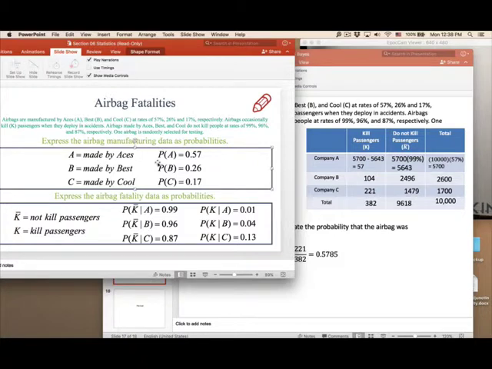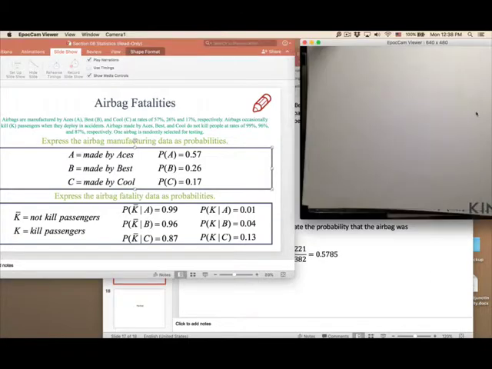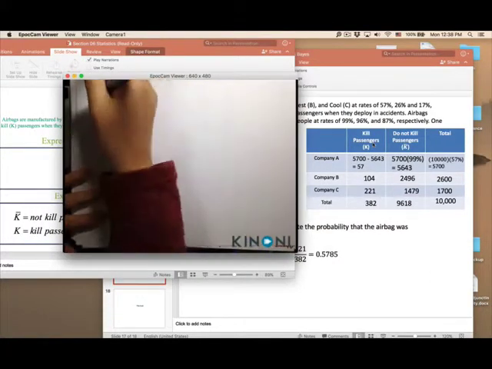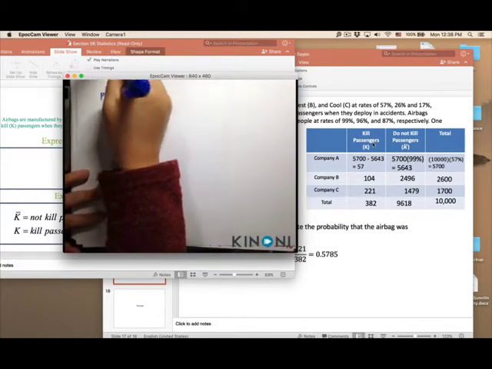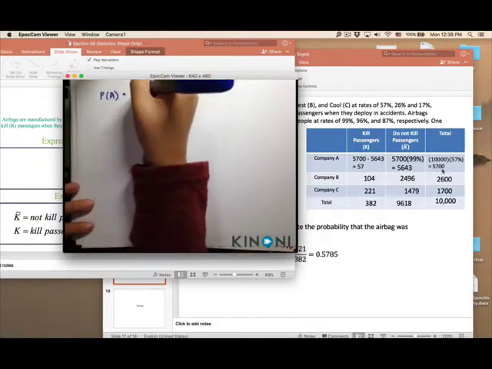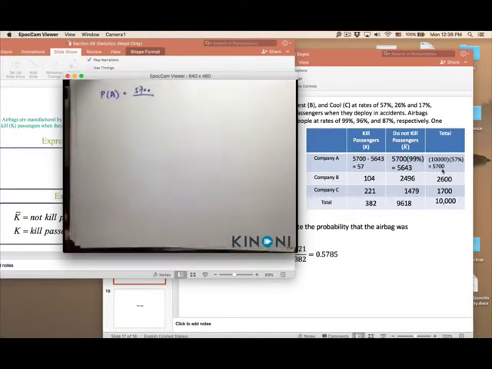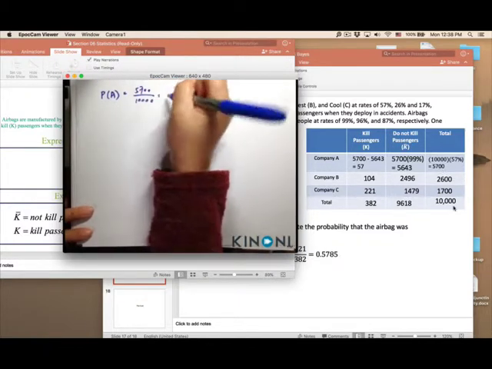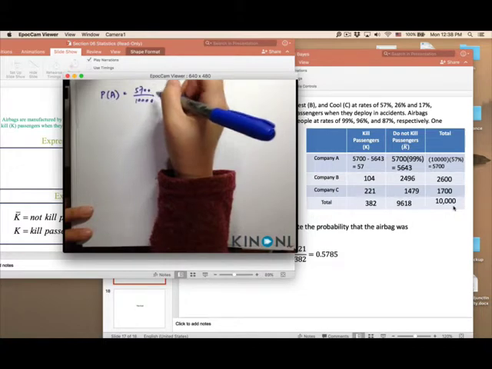If you want to find the probability of A, the probability that it's made by company A, you could look at this table. If you're looking for P of A, then look at the airbags made by company A. It's gonna be 5,700 over the total number of airbags, which is 10,000.